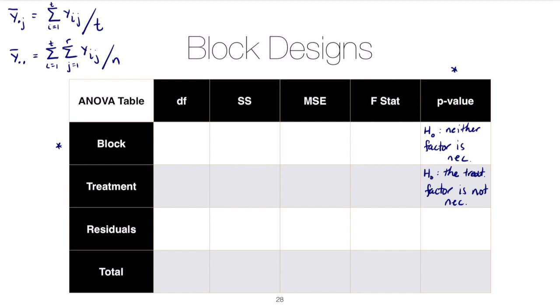So when I write down the block sum of squares, the label that we'll use for it will just be SS blocks.